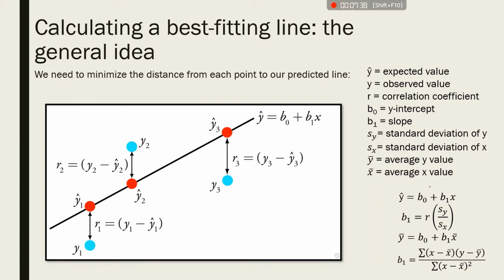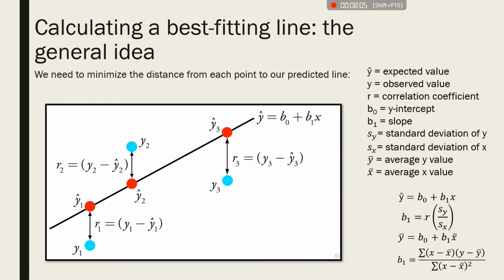Okay, so we're going to start with y equals mx plus b, where m is, in this case, b1, our slope of the line, and b0 is our y-intercept. I could also say that my slope of the line is equal to my correlation coefficient times the standard deviation of y divided by the standard deviation of x. A slope is change in y over change in x. Our standard deviation is considering that for every single point.